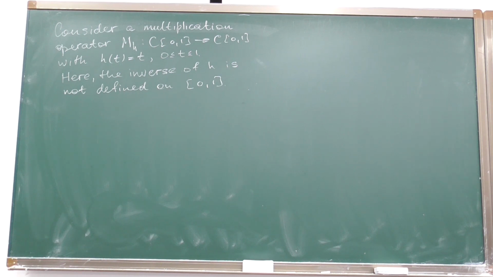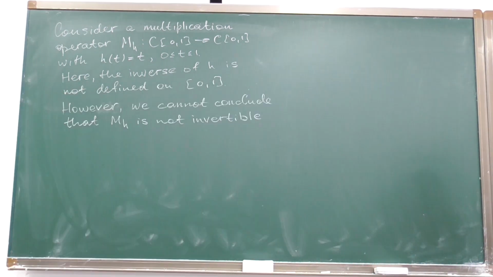Neither can we conclude that it is invertible, of course. Even in this example, where the situation is a little bit more complicated, we cannot easily compute the inverse, nor can we even decide whether the operator is invertible or not.